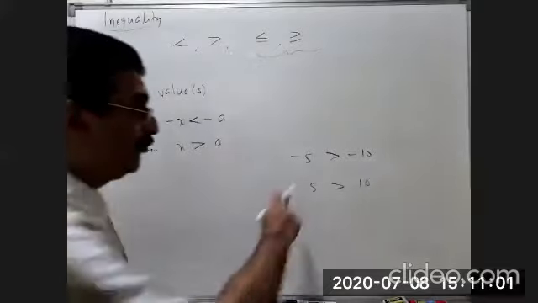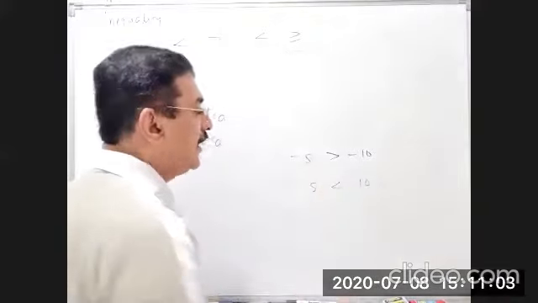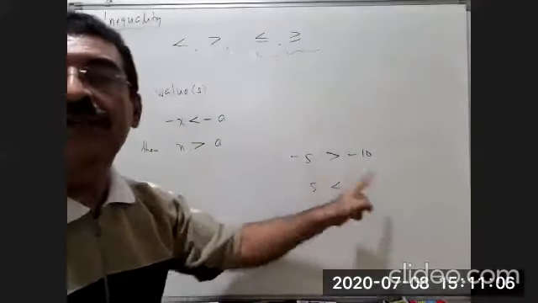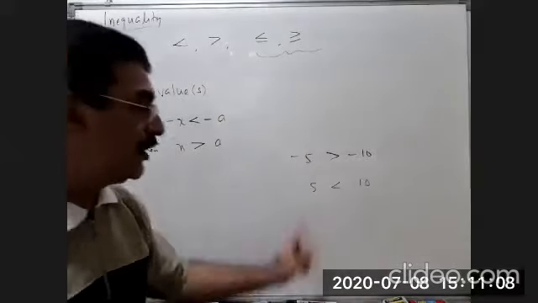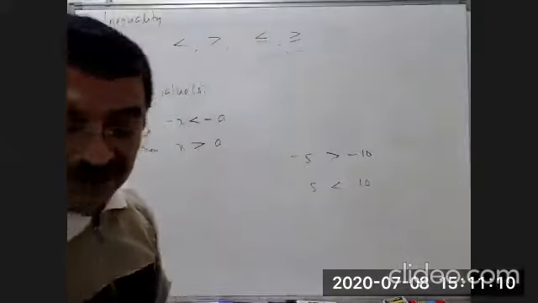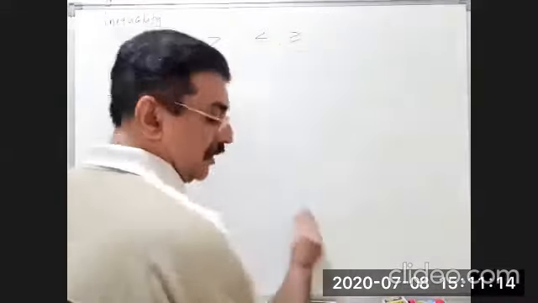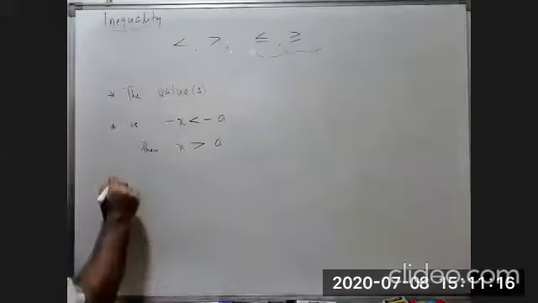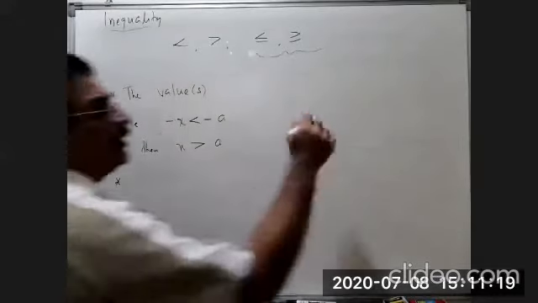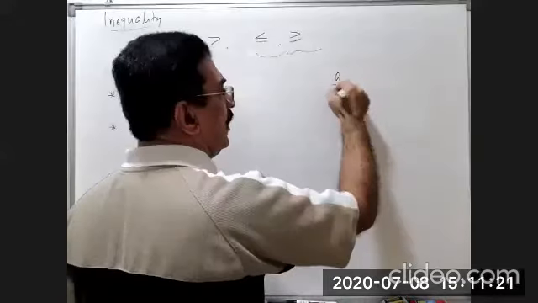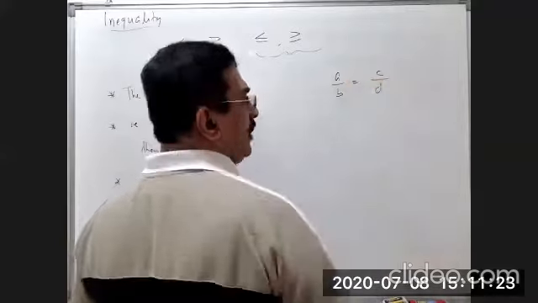No. So 5 will be less than 10. If you are changing sign on both sides of an inequality, definitely the inequality will get reversed. That is one important point to be noted. Then another important thing. See, in this fraction, a by b is equal to c by d.